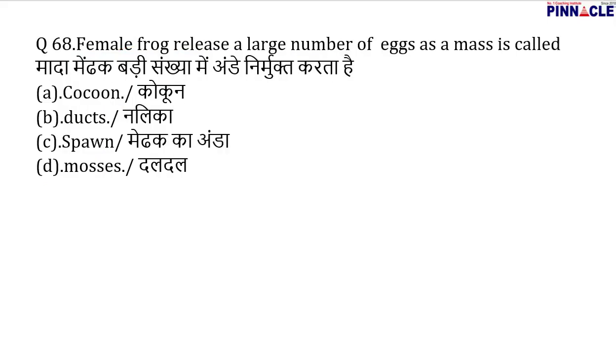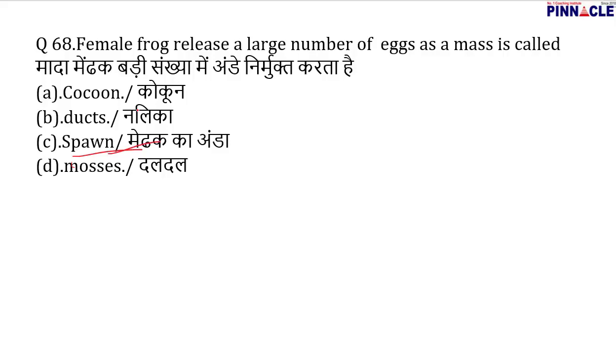Question number 68 is, the female frog releases a large number of eggs as a mass. And what is the name given to that large number of eggs? The name is spawn. And what is spawn? Spawn are jelly-like masses of eggs, and they are generally called frog's spawn.